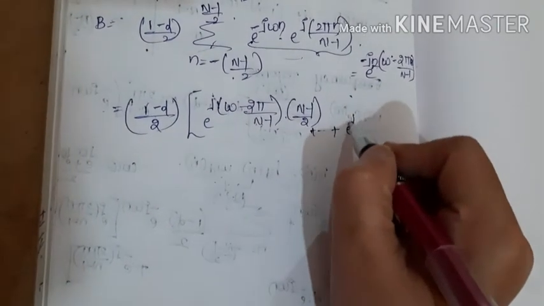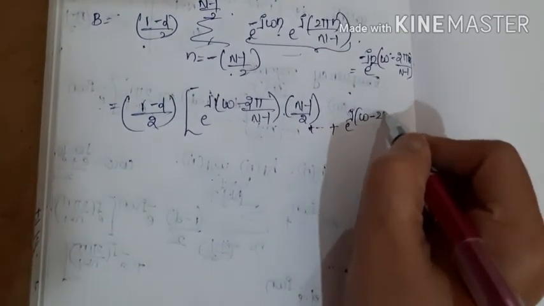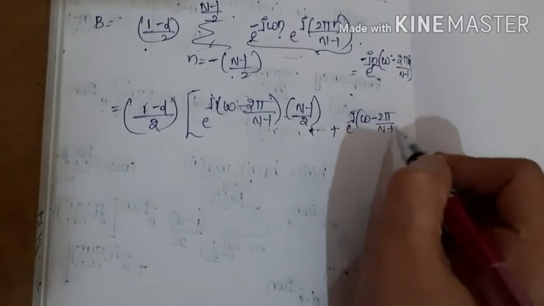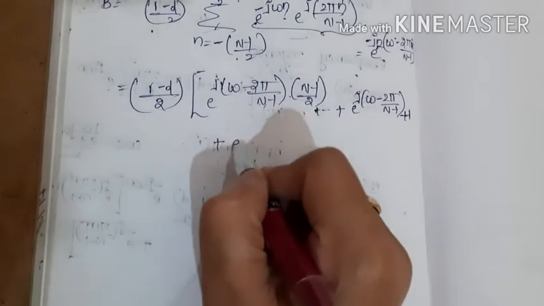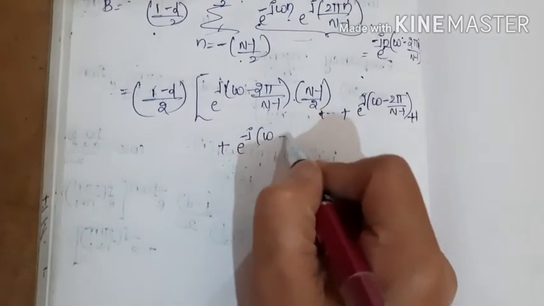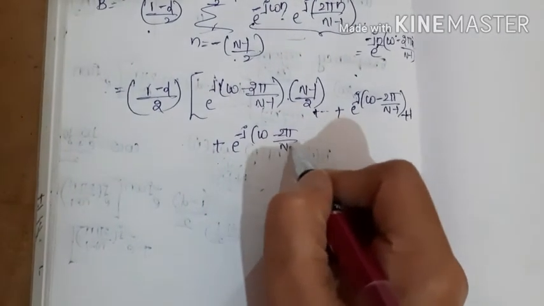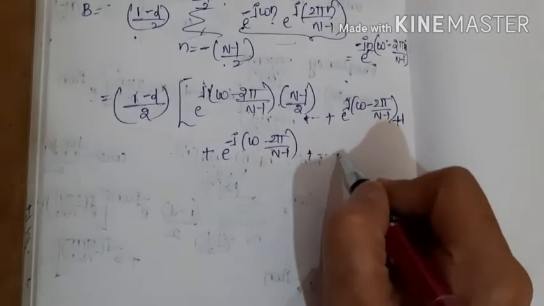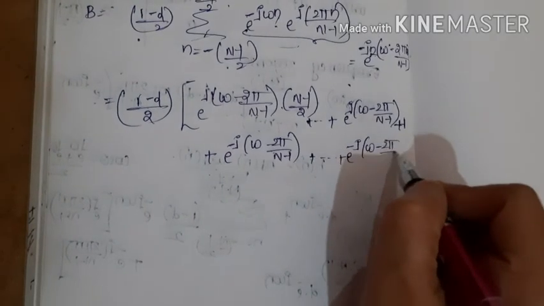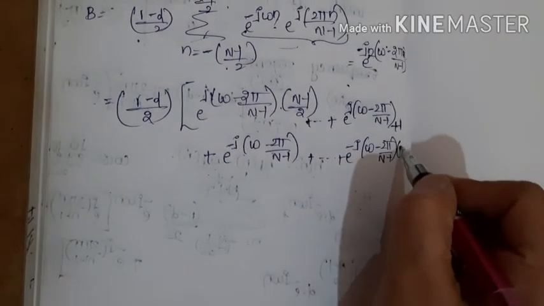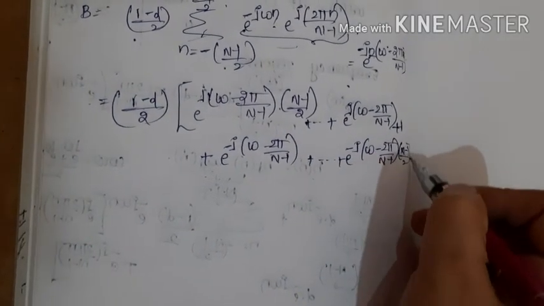Next e power j omega minus 2 pi by n minus 1 plus 1 plus e power minus j omega minus 2 pi by n minus 1 up to e power minus j omega minus 2 pi by n minus 1 into n minus 1 by 2.